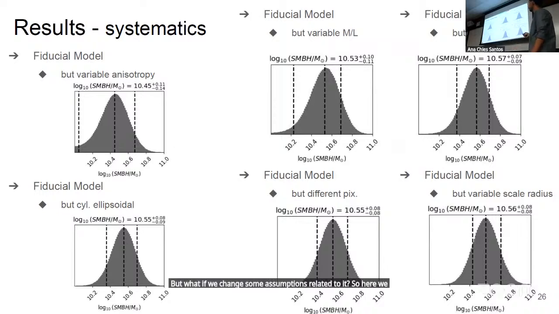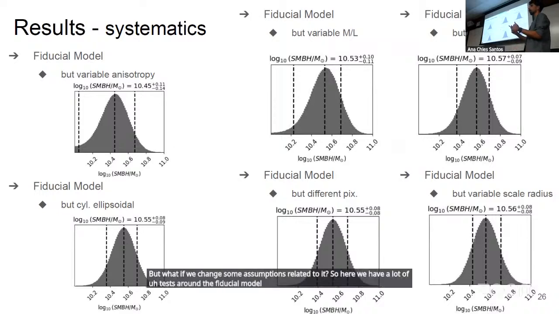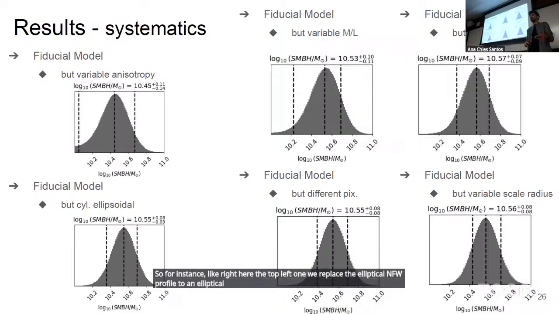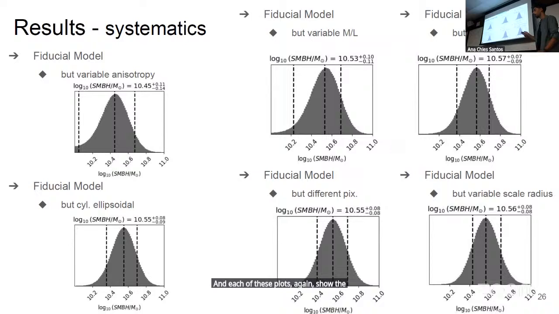And in each of these models right here, we change one of the assumptions we made in the fiducial model at once. So for instance, the top left one, we replace the elliptical NFW profile with an elliptical GNFW profile, so there is more freedom in the slope of the density profile. And each of these plots, again, shows the posterior distribution related to that model.